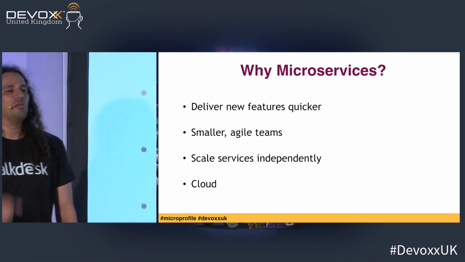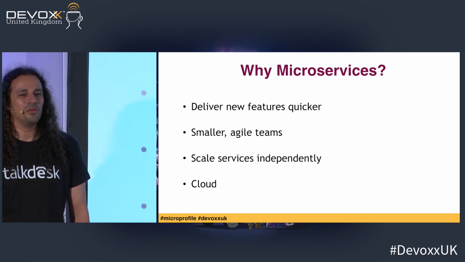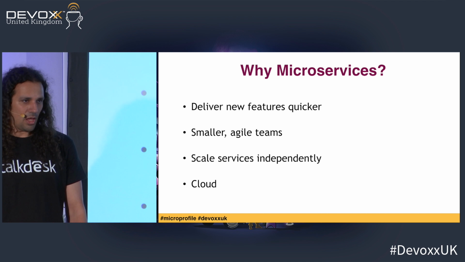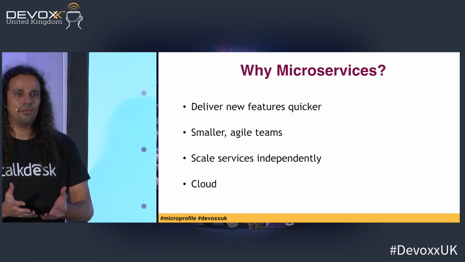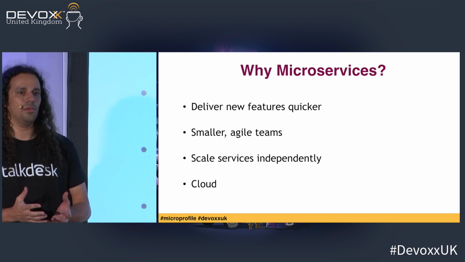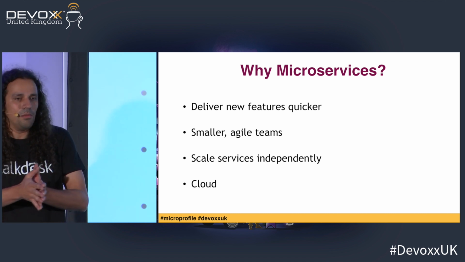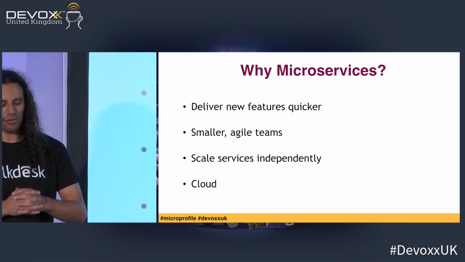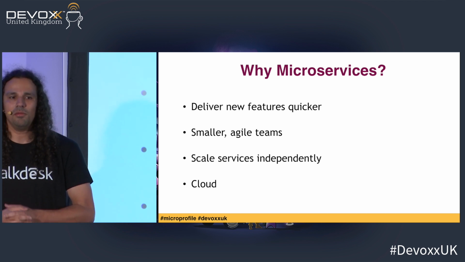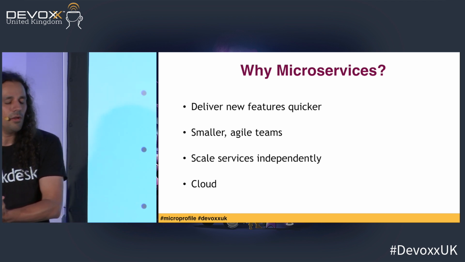Okay, so I was mocking microservices a little bit because it's easy to make fun of them. But of course, there are some particular reasons why you should use them, and if there is a reason for it, maybe these are some of the reasons. One of them, of course, is delivering features quicker, right?